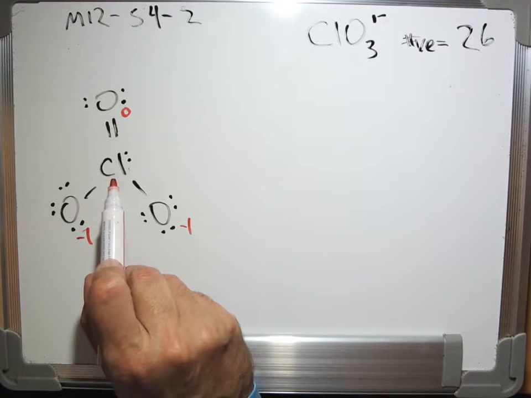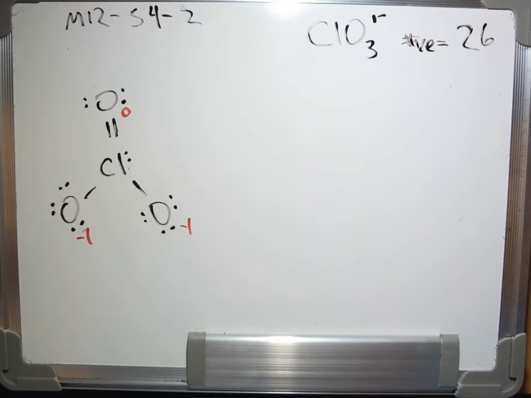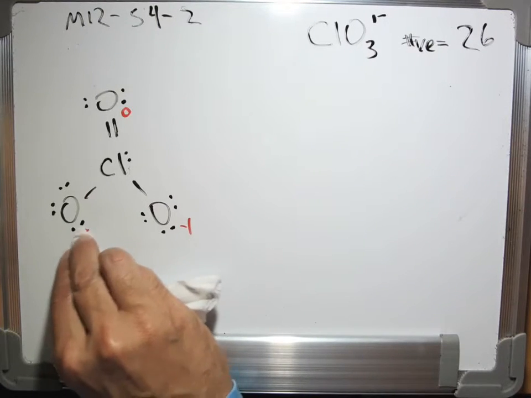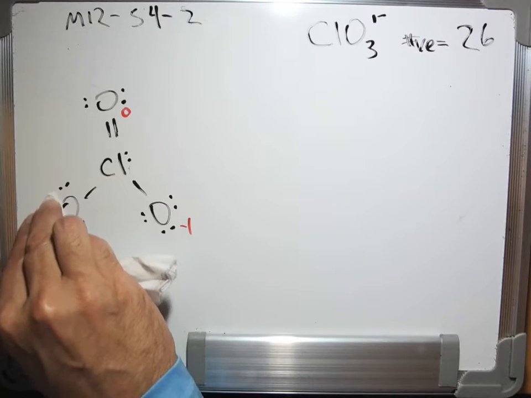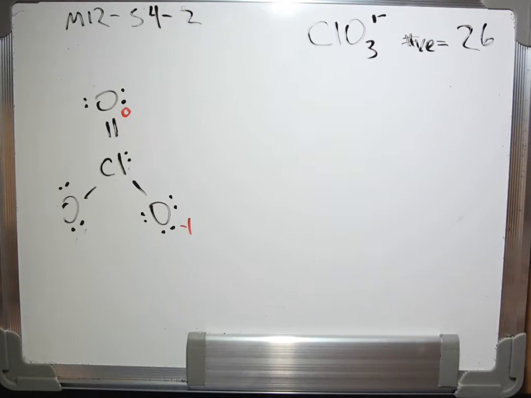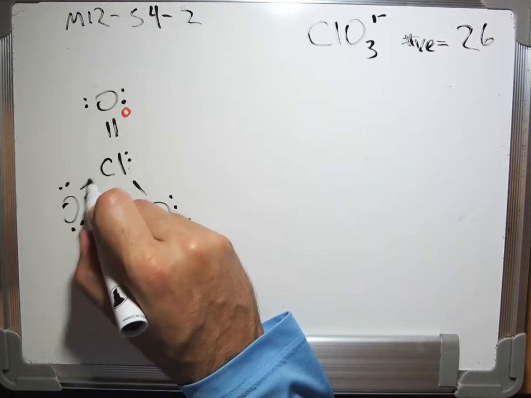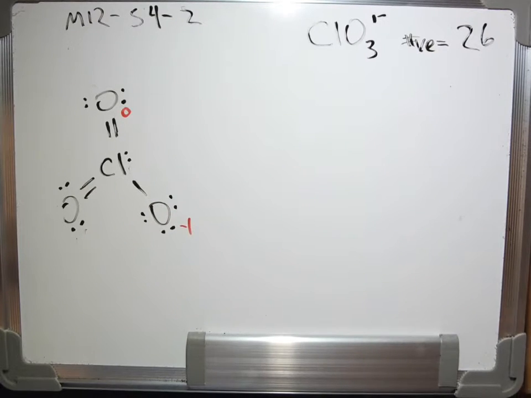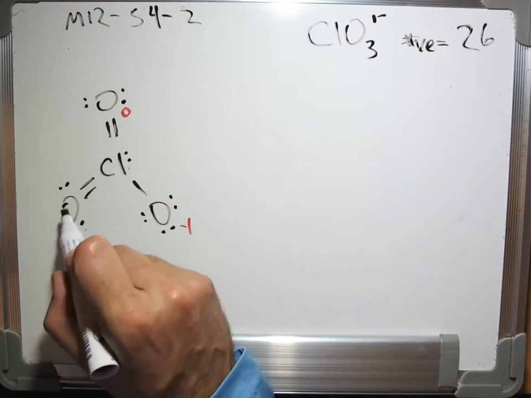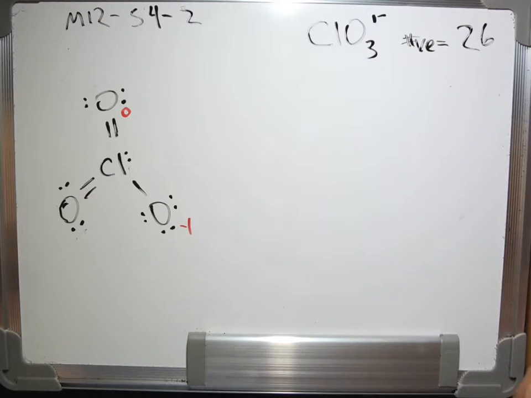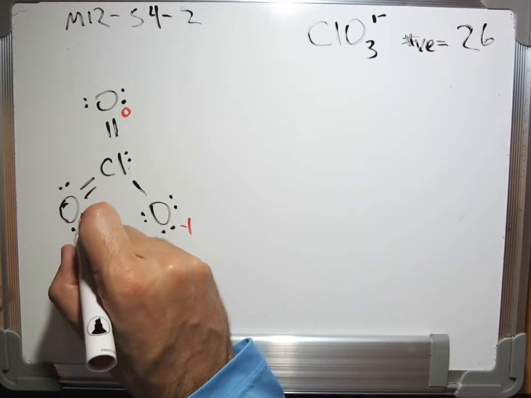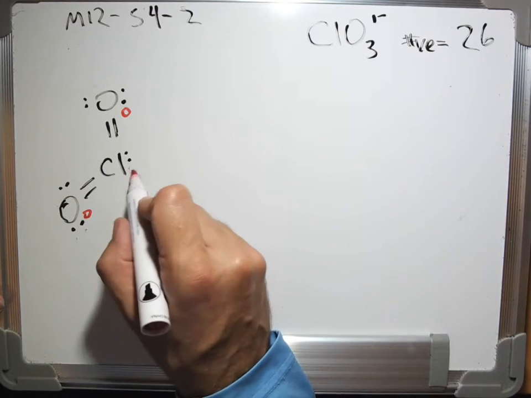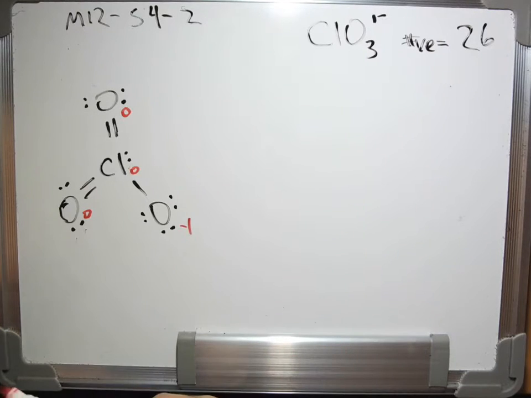This has now gone from a formal charge of +2 to +1, which you probably recognize if I did that again. Let's take a lone pair and shift it here, making a double bond. I now have a formal charge on this oxygen. It is also 0. Formal charge on that chlorine is 0.